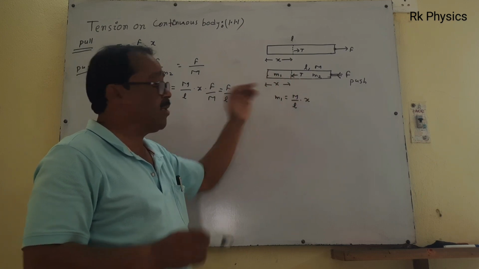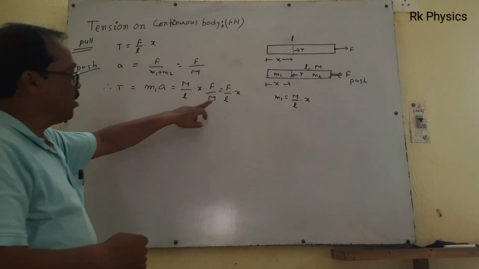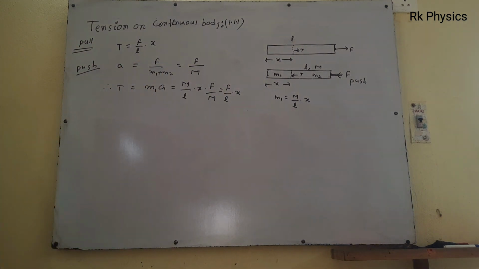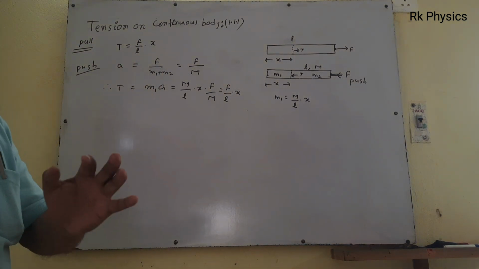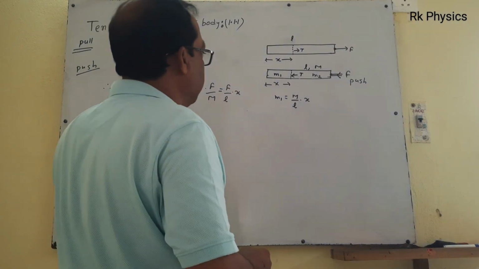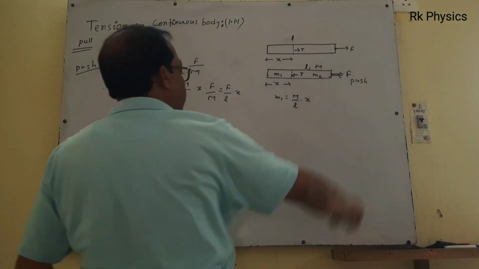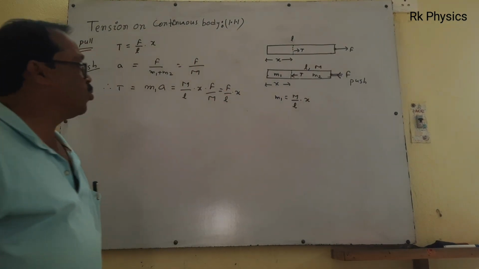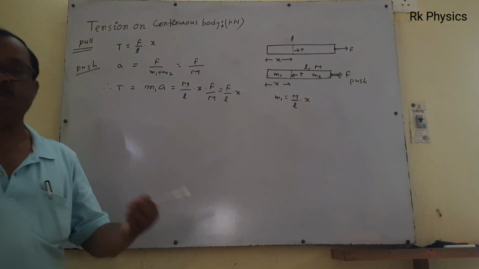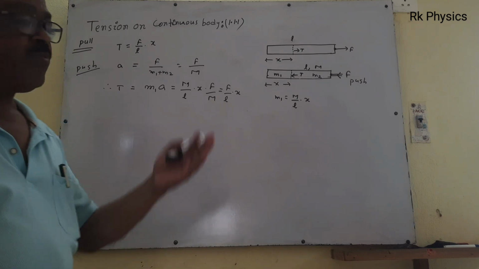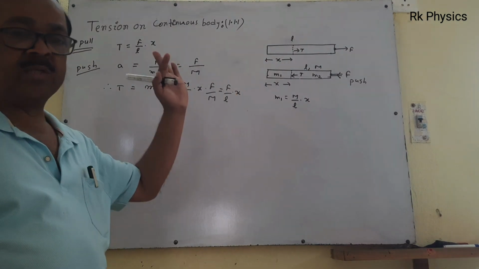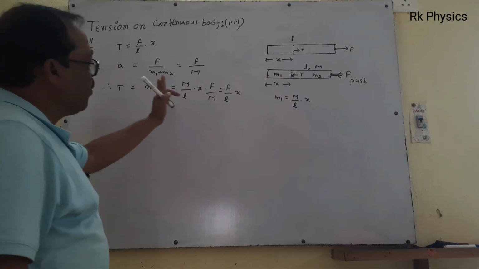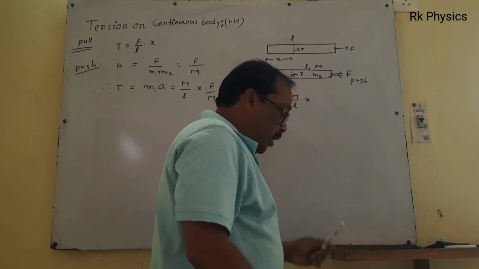From the other end at a distance x, the formula is the same: F by L into x. Only the direction of motion is reversed. This is moving towards right, and this body has some tendency to move towards left, because one is a pull, another one is a push. So the same formula you can take.